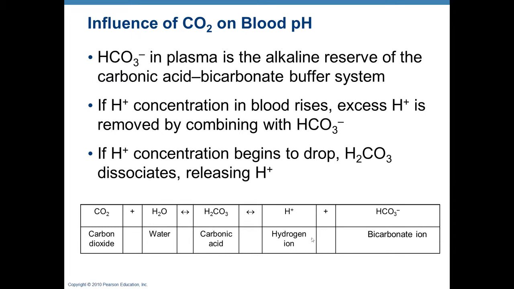So if something is causing your body fluid pH to drop, and you've got more of these guys, they'll get soaked up under normal conditions by bicarbonate ions, and that will force these reactions to move in this direction. So they'll combine, you'll make carbon dioxide, and then those carbonic anhydrase enzymes in your red blood cells break those apart, and now you can exhale out from your lungs this excess CO2 that you have.